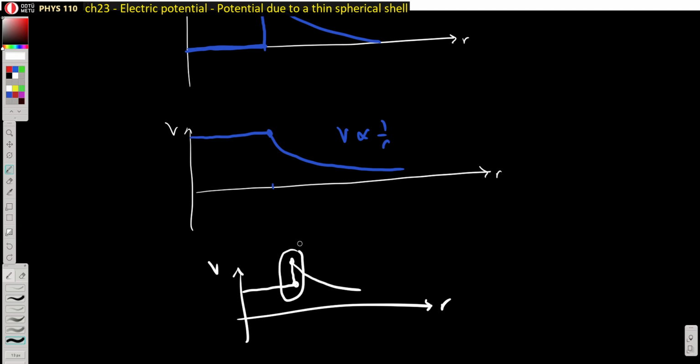Try to understand what this means. Because the derivative of the potential with respect to the radial coordinate gives you the electric field, you can think of it as a line with an infinite slope. So as a result, this would correspond to a situation where the electric field is infinite.